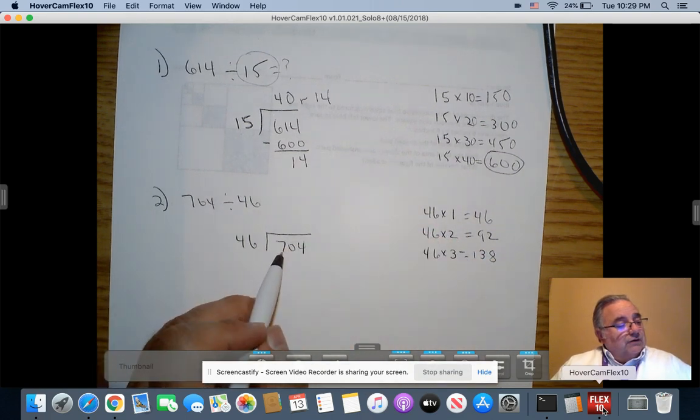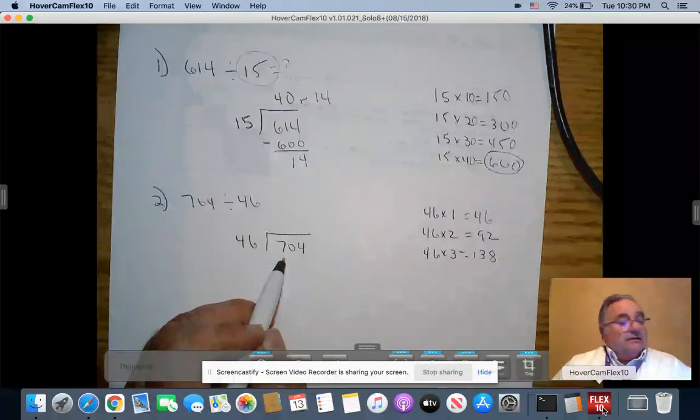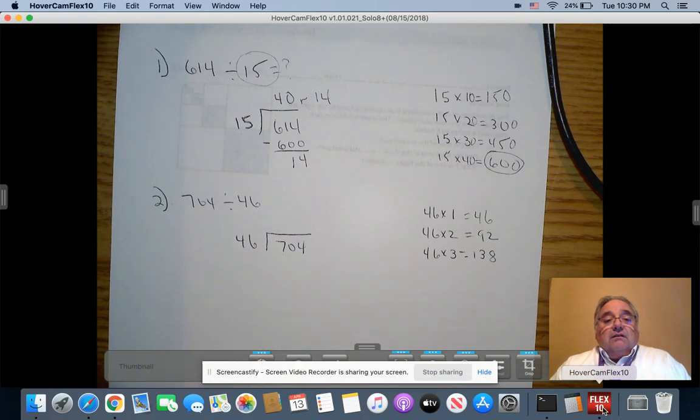So we're looking for 700. It looks like it's pretty far up there. What would I have to do? If I'm looking for 700, I'll be multiplying by 10, 20, and 30.